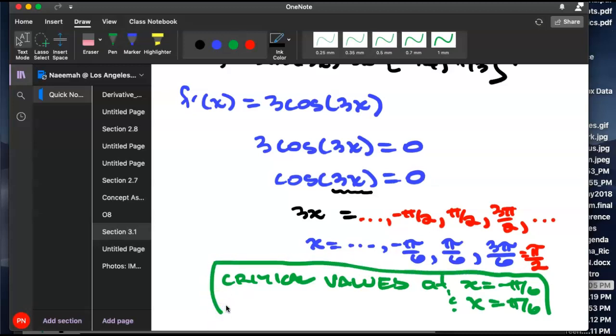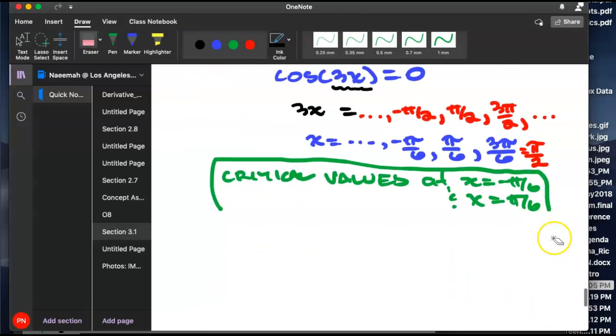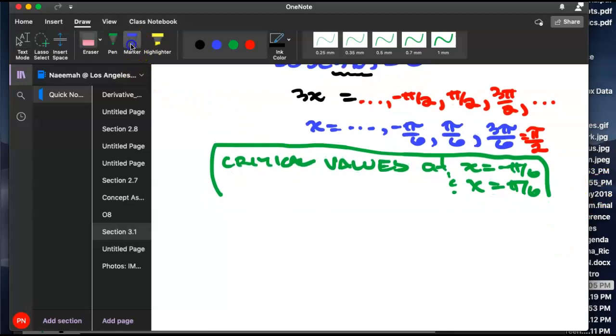When you get two critical values and you have two endpoints, you do have to evaluate your function at those values, and we always want the exact values.